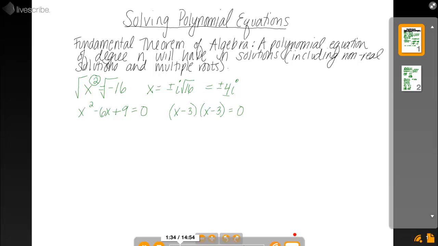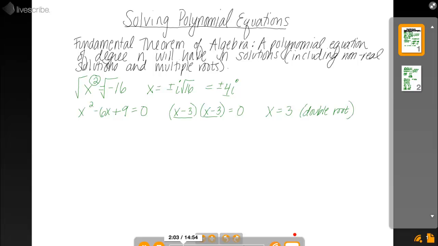So you might say that this has only one solution, just x equals 3. And yeah, that's correct, but notice that the x minus 3 factor showed up twice. So this is really a double root of the equation, or you could think that it has a multiplicity of 2 if you're thinking about the zeros of the function if you were to graph it. So even though you might think that there's only one solution, really there are two because it's a double root.